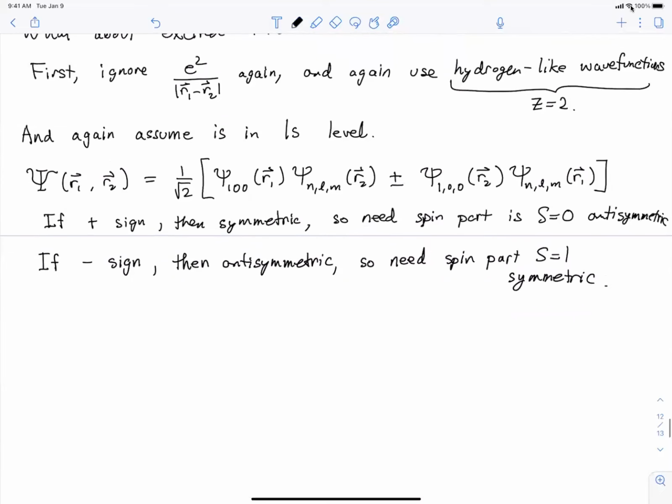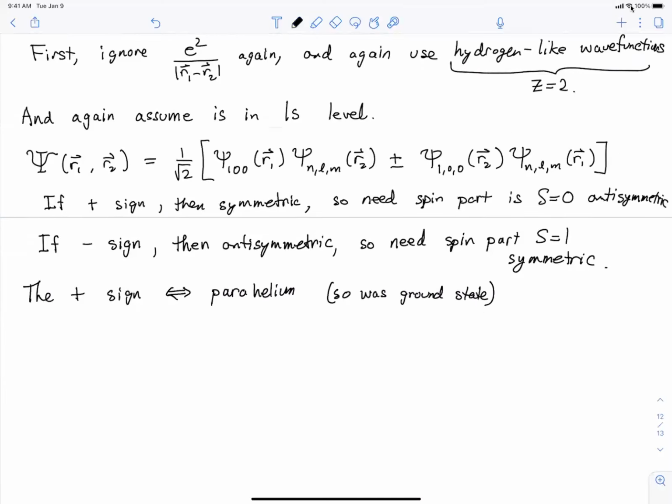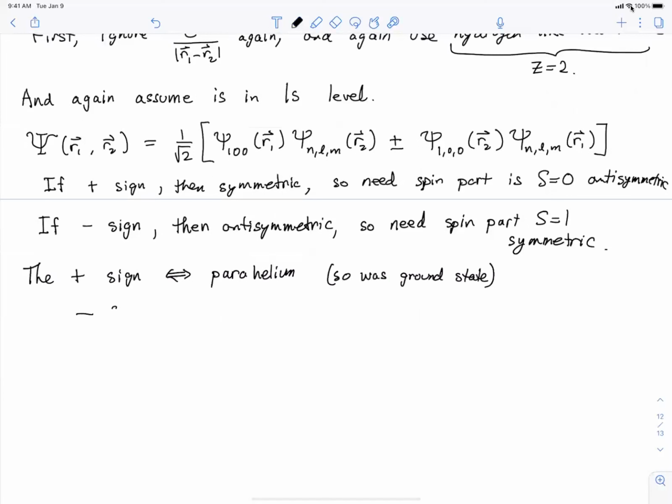Okay, so the plus sign is called, as jargon, parahelium. Okay, and the ground state, therefore, is an example of a parahelium. So was ground state. So when you hear parahelium, that just means the spin was spin 0. And if we chose the minus sign, that's called orthohelium.